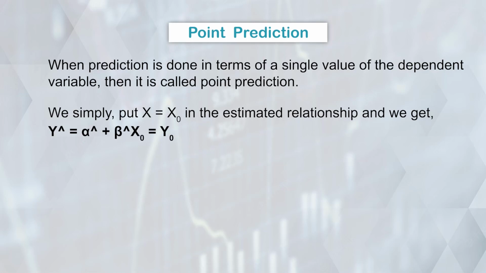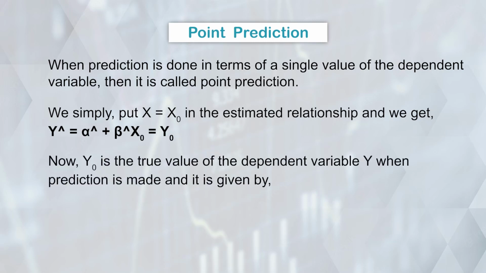In place of x we put x0, because given the value of x0 we want to find the predicted value of y, which is y hat, and this has the name y0. So y0 is a single predicted observation based on the independent value x0, and that is done under the point prediction method.